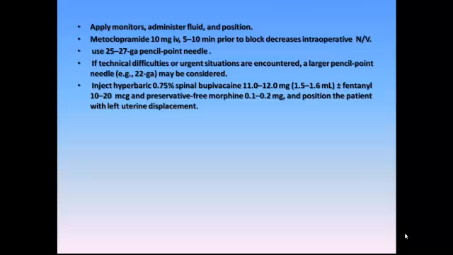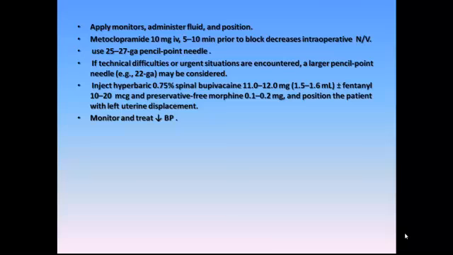Inject hyperbaric 0.75% spinal bupivacaine, 11 or 12 milligrams, that's about 1.5 to 1.6 milliliters, plus or minus fentanyl, 10 to 20 micrograms. Of course, preservative-free morphine, if present, 0.1 to 0.2 milligram, and position the patient with left uterine displacement.